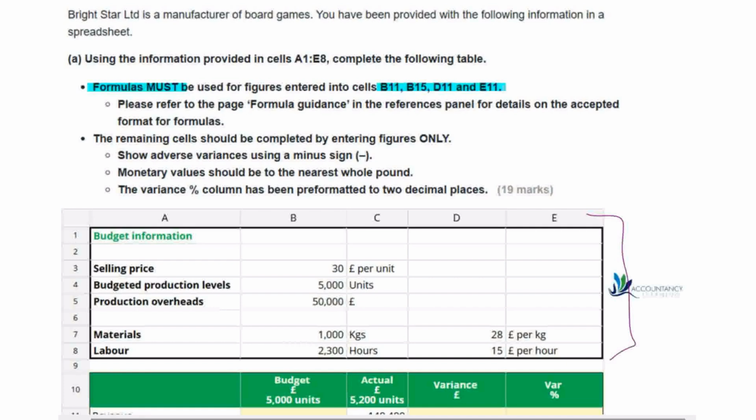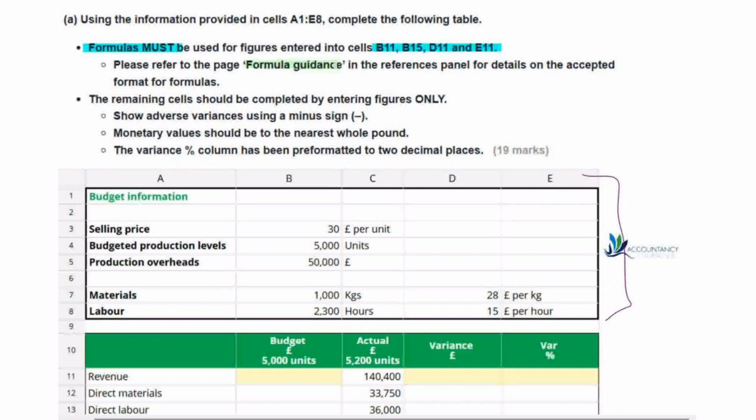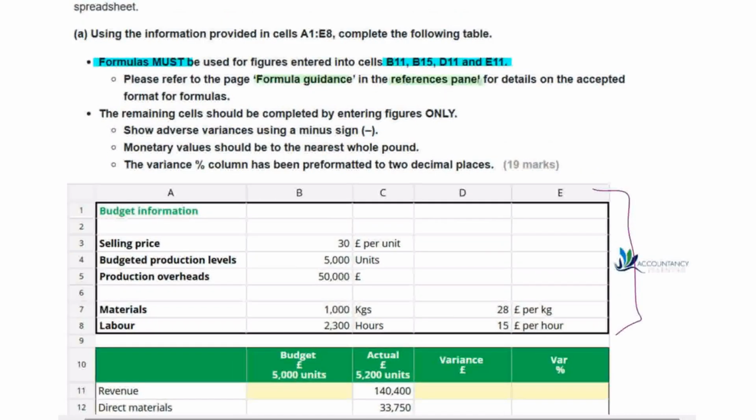So we must use the formulas in this particular part of the question. There is a formula guidance in the references panel. So right hand side of the screen you can open up the formula guidance to check which format that the formulas are in and what you can and can't do as part of a formula.